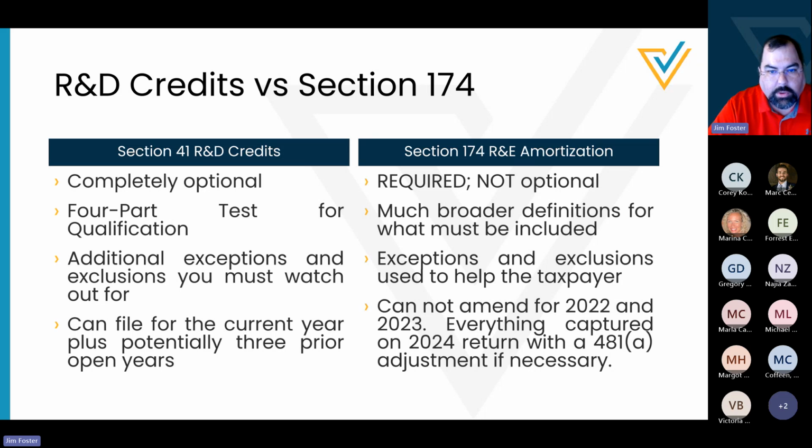Now, 174 is required. It is not optional. It has a broader definition. The exceptions and exclusions within the notices can actually help the taxpayer, and you can't amend for 174. It has to be done on that change in accounting method within the 24 return. And we'll cover that a little bit more in just a moment.